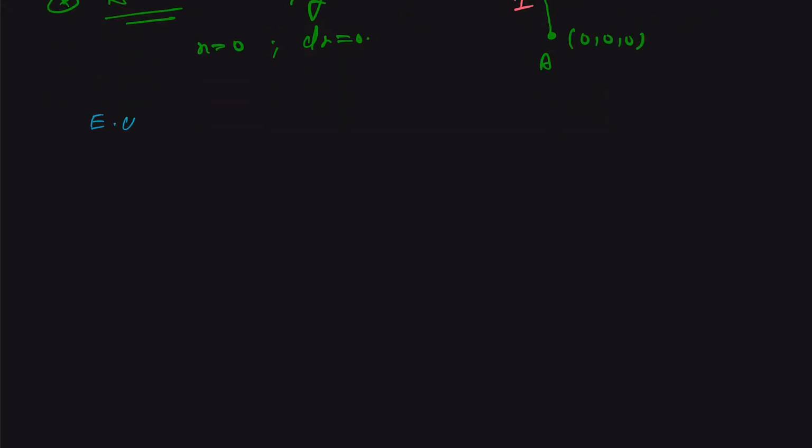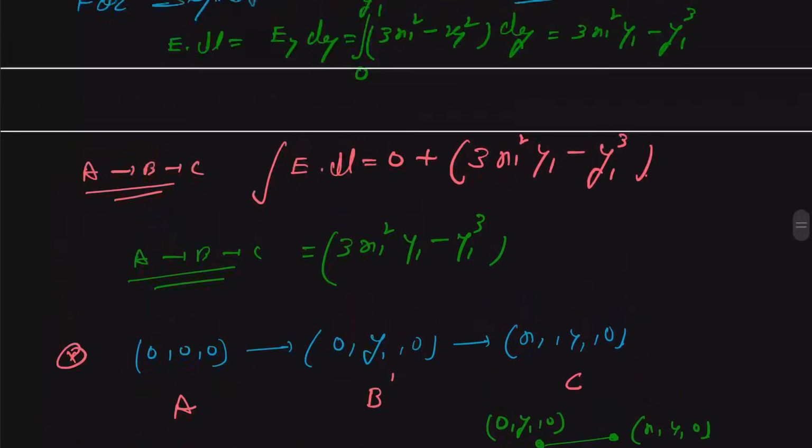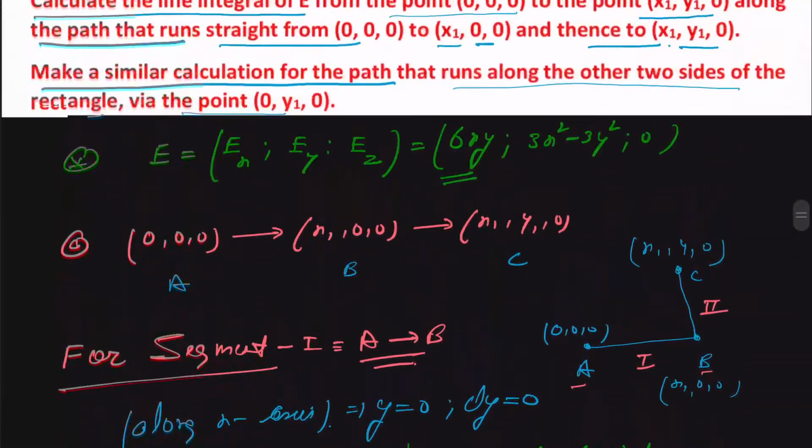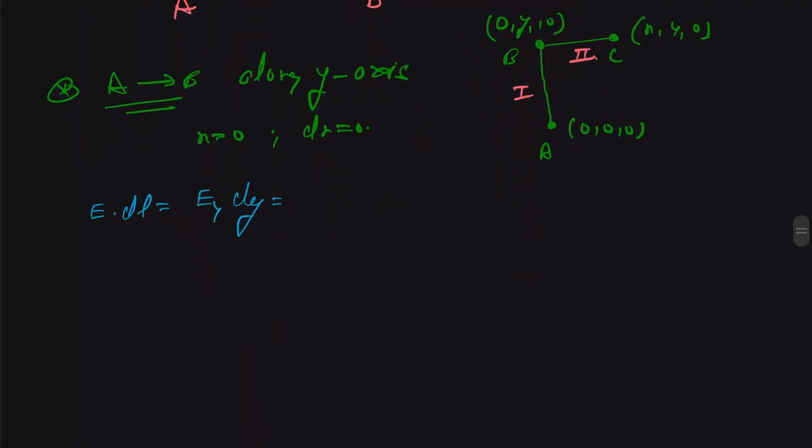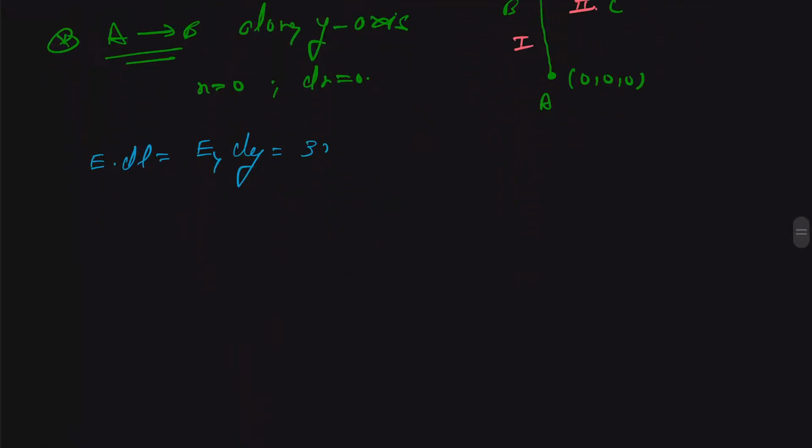Therefore, our line integral will be equal to Ey dy, and Ey we already know is 3x square minus 3y square. But we have to remember that the value of x is equal to 0, so we substitute here, this term will be equal to 0, and we get minus 3y square times dy.